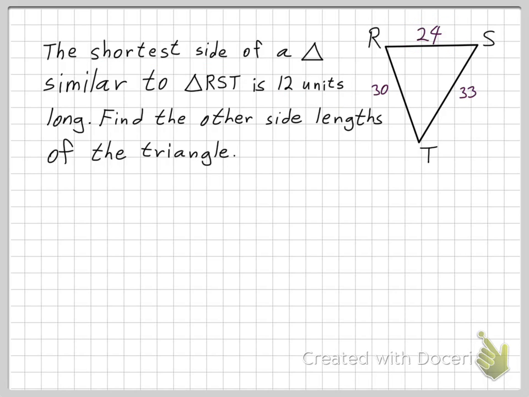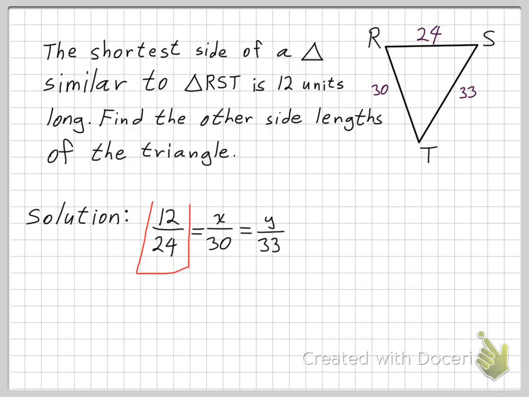So that's what leads us to this proportion. This is giving us some information regarding, in a sense, the scale factor between this new triangle and triangle RST. It's short compared to short, which is 12 compared to 24. So we can see that the ratio is 12 to 24, or 1 over 2, right?